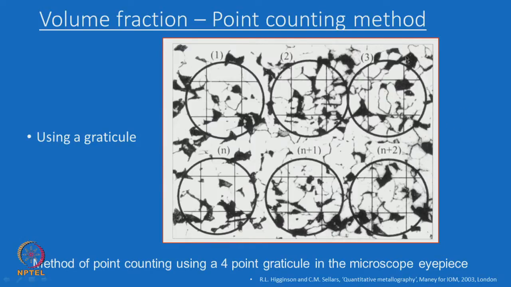Those who are not familiar with steel microstructure can also consider this as a two-phase microstructure, where you have the white as a matrix and the dark patches as the second phase. And for those who are familiar with the metallurgy of steel, this is a ferrite-pearlite microstructure.